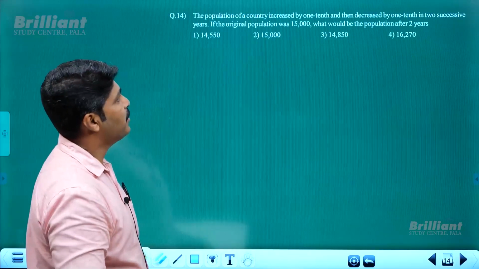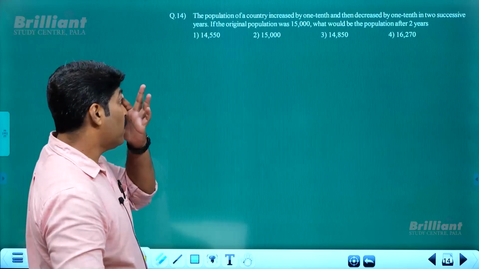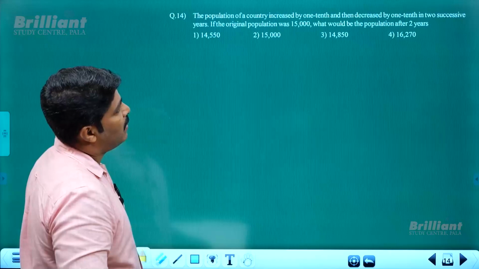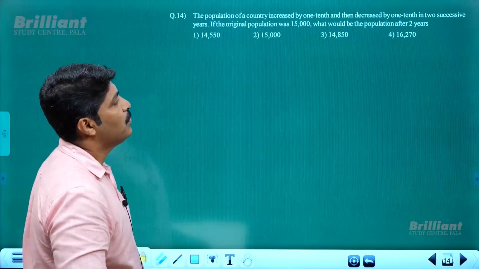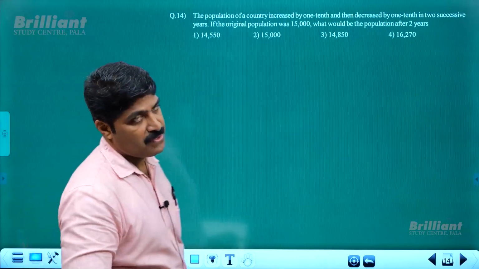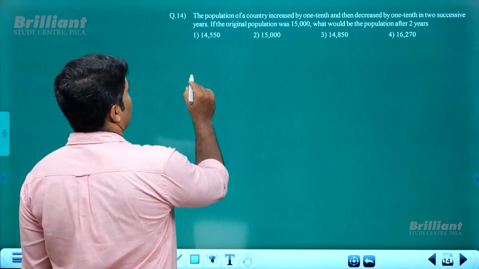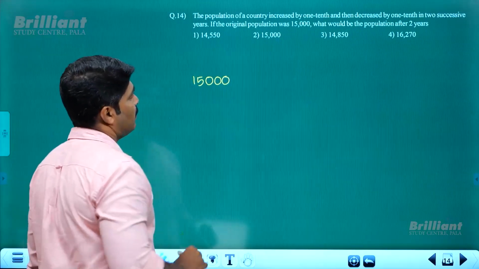Population of a country increased by 1/10 and then decreased by 1/10 in 2 successive years. If the original population was 15,000, what would be the population after 2 years? In these 2 successive years, what will happen? Initially, the population was 15,000.